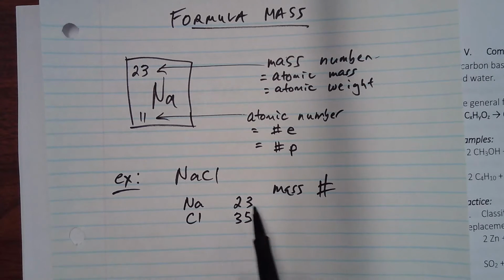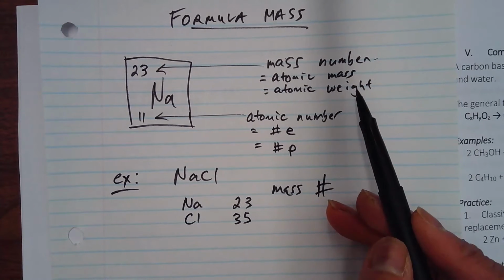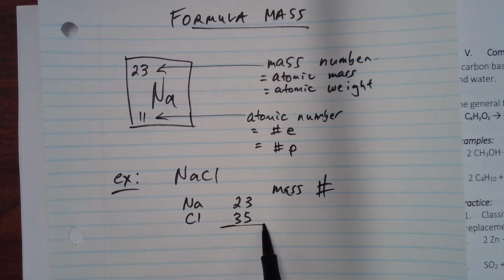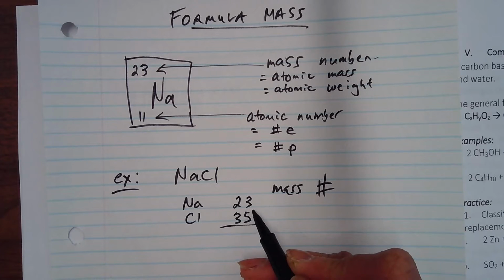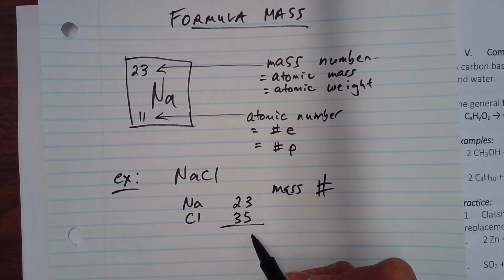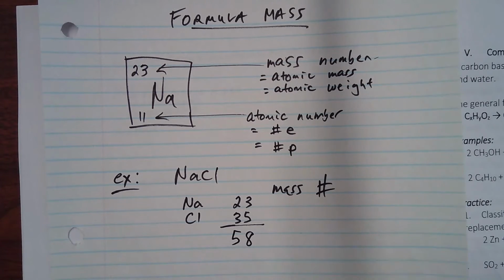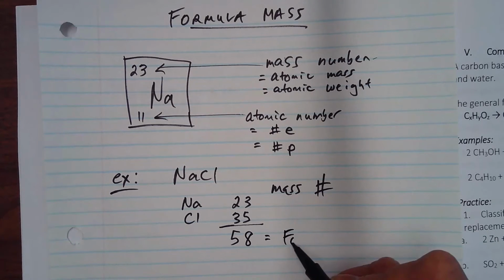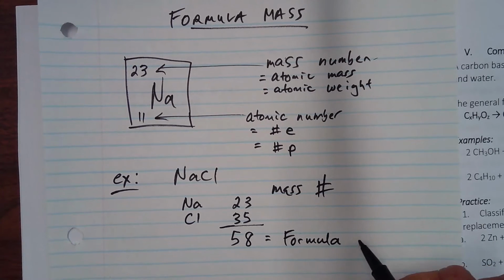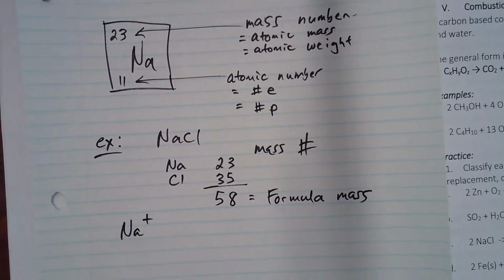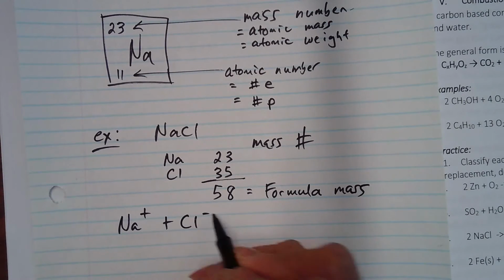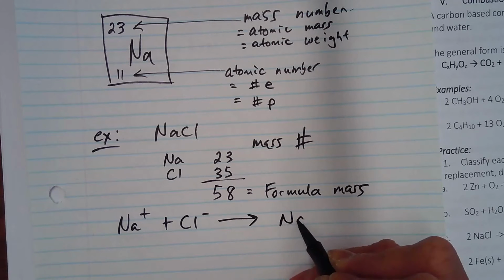Okay, so the formula mass is basically just the sum of the mass numbers of the compound. So the total would be 23 plus 35 is 58. So this is the formula mass. Because remember, when you put Na plus and Cl minus, you get NaCl.